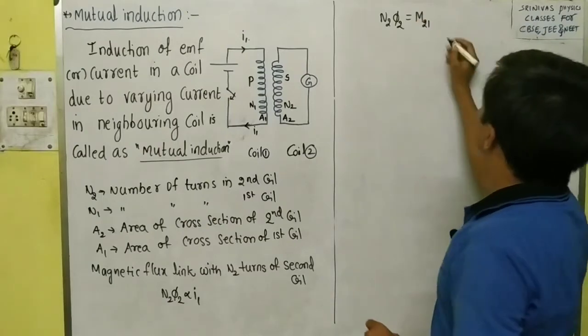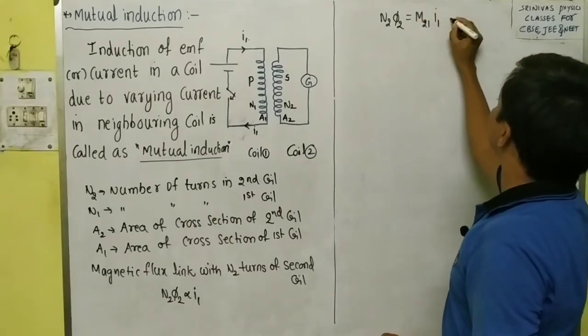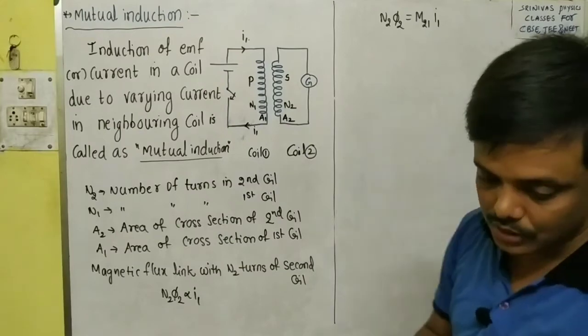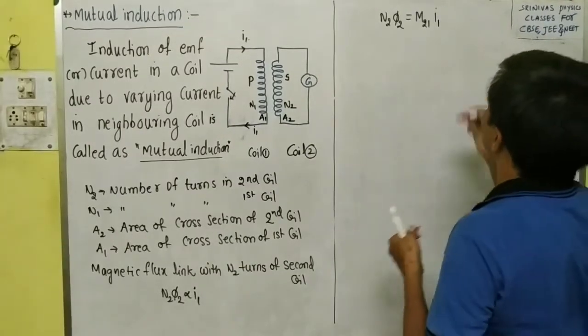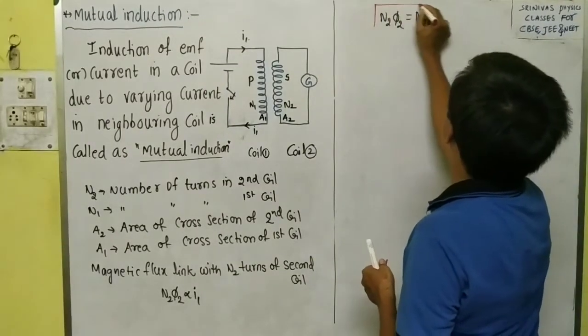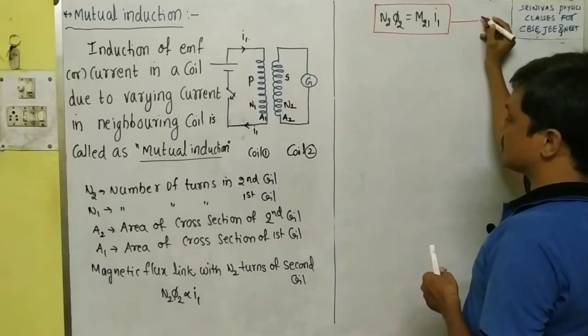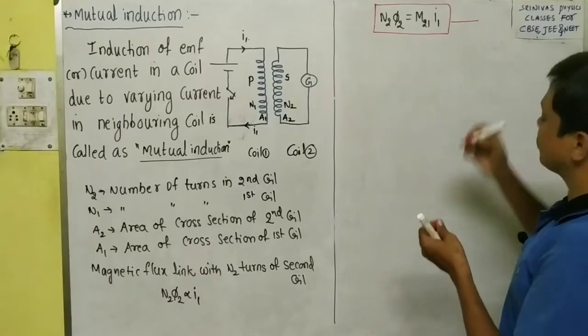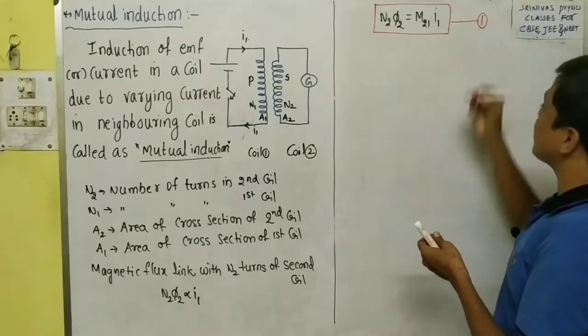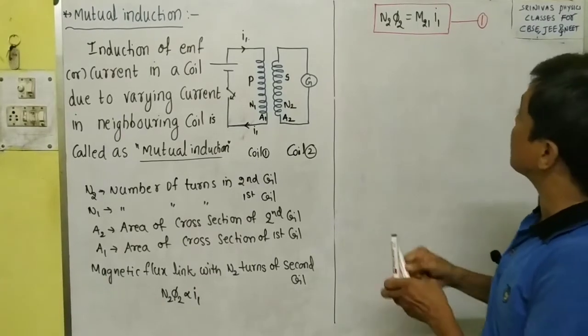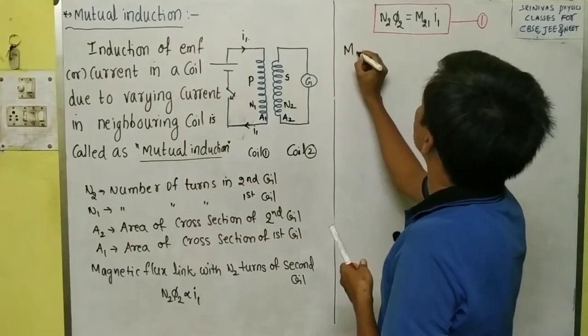N2 phi 2 equals M21 into I1. This is the important equation, and we can draw a box for it. We take this as equation 1. When we remove the proportionality, we get one constant, M21.